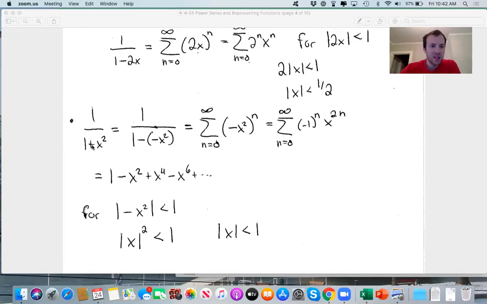And we can do that by saying, well, addition is subtracting a negative, so this is subtracting a negative x squared. And this is the form that we want, 1/1 minus something. So that function can be represented by the series where negative x squared is what's being raised to the nth power.